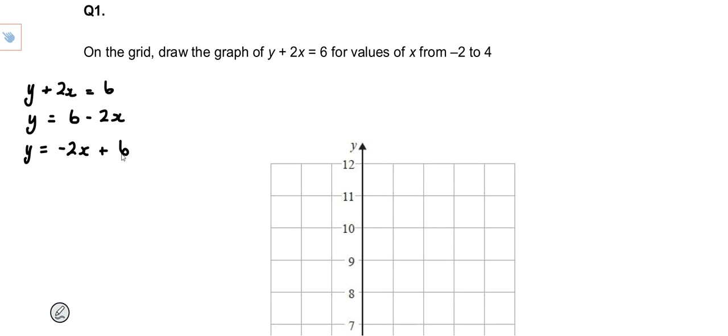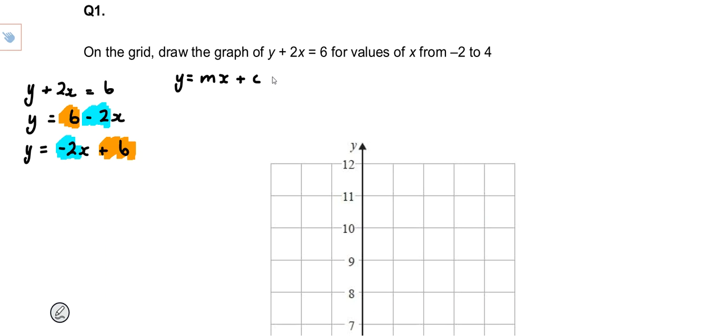Why would we want to rewrite it? Well, it was one way to do it. So we've got the minus 2x and we've got the 6. So if I just rewrite it, keeping the symbols the same, right? Now this is in gradient intercept form. Do you remember gradient intercept is y equals mx plus c?